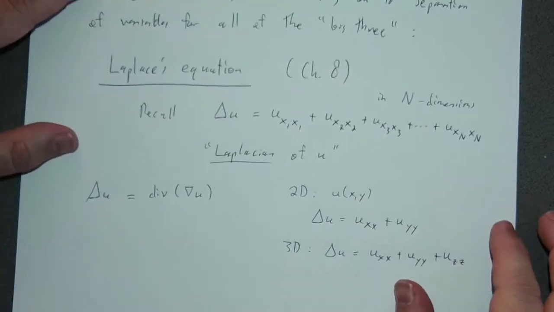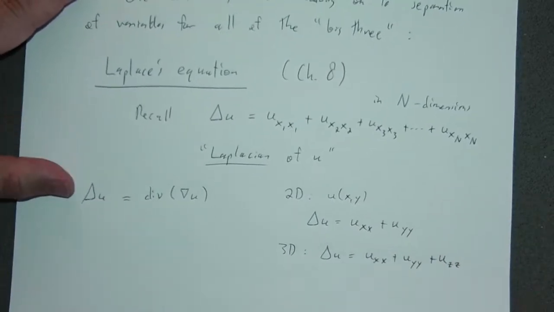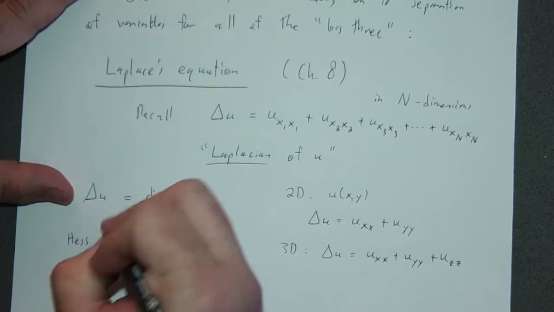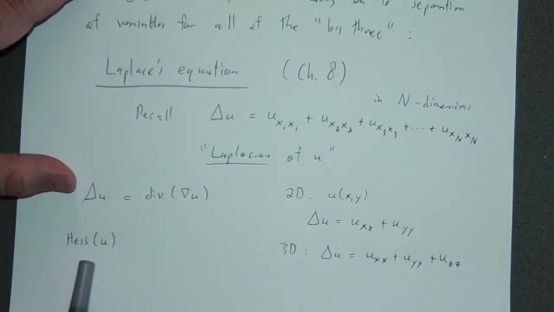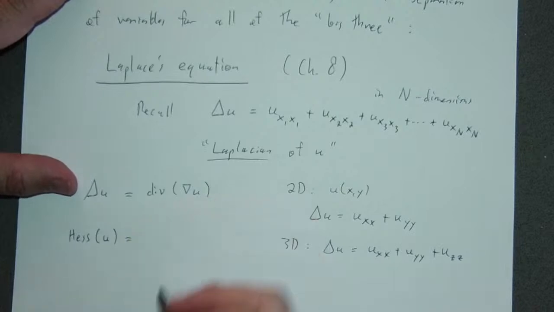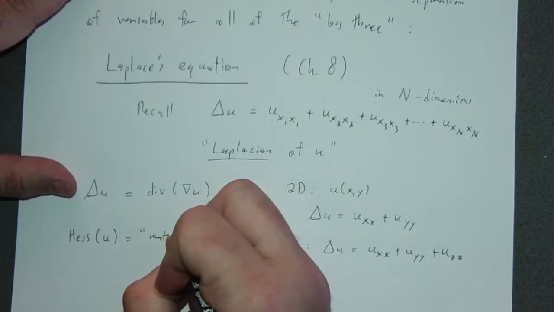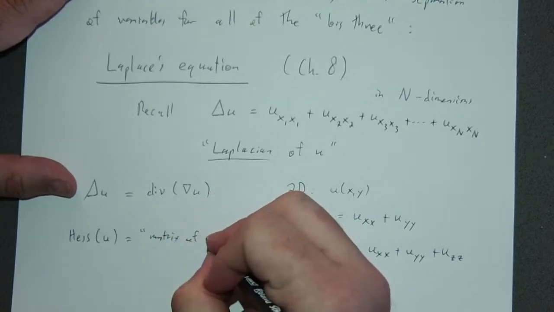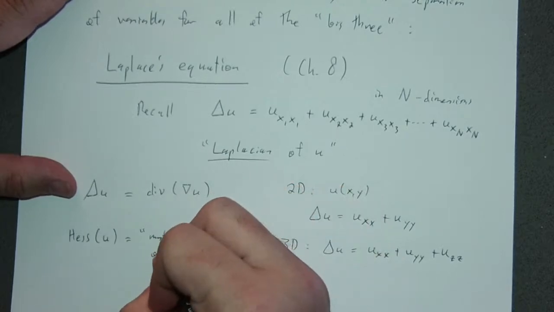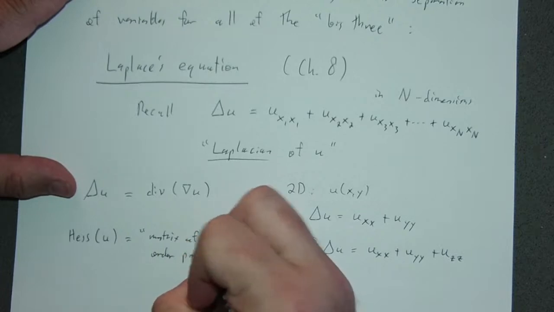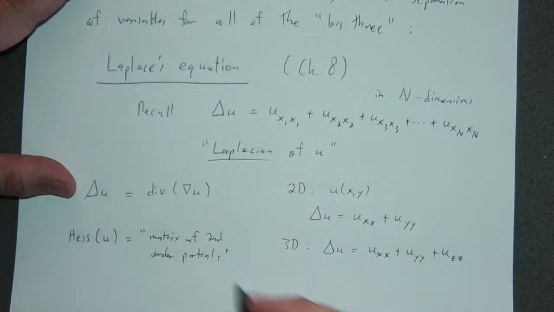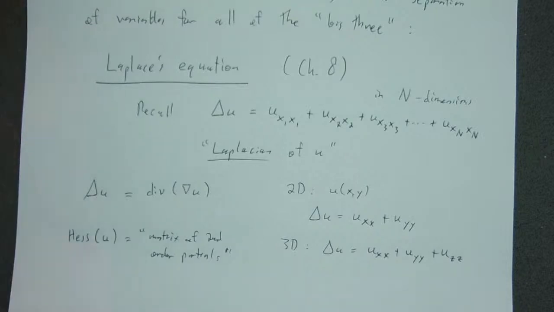If u is some generic function of n variables, what's the Hessian of u? The Hessian of u is the matrix of mixed second order partials, right? If u is even remotely a reasonable function, i.e. the second order partials all commute, so it doesn't matter what order you do them in, you might notice that this is a symmetric matrix, right?